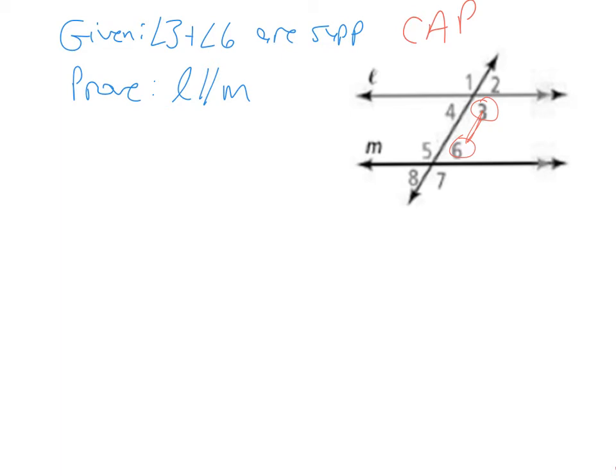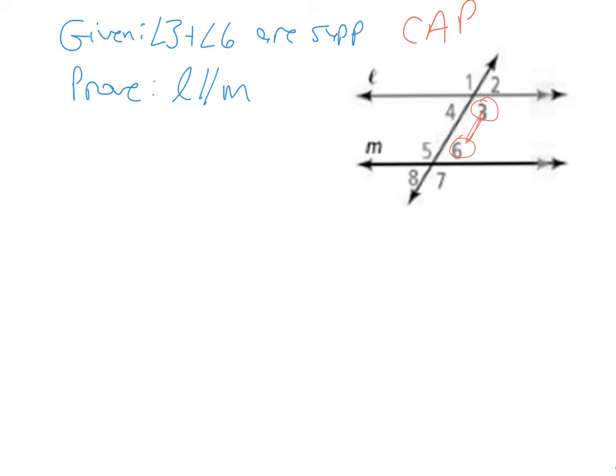So let's just try and connect angle 3 maybe to a different angle. Now we could say that 3 and 1 are the same because they're vertical, but it doesn't really give us a corresponding angles relationship. We could say that 3 and 4 are supplementary, but again, that doesn't really connect with angle 6 in the way of corresponding angles.